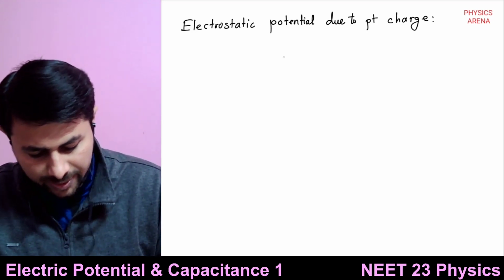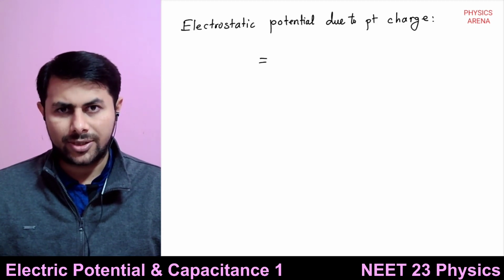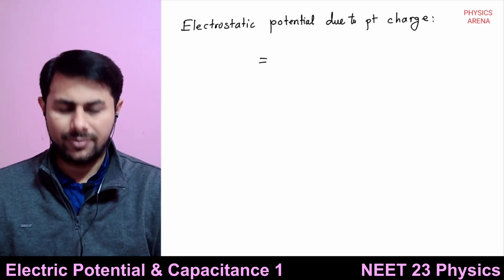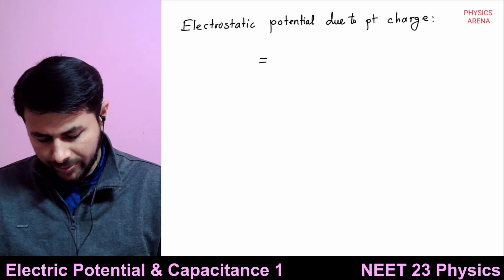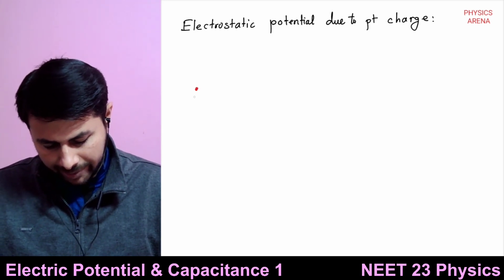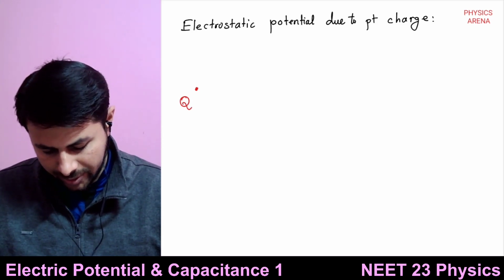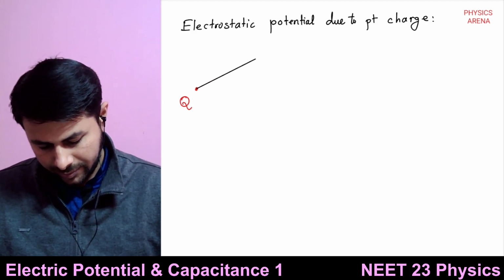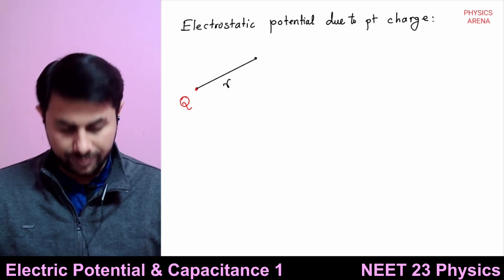It is defined as work done to bring a unit positive charge from infinity to distance r away from this point charge. Okay. So let's suppose I have charge capital Q and I want to find out potential due to this capital Q at distance r away from this capital Q.